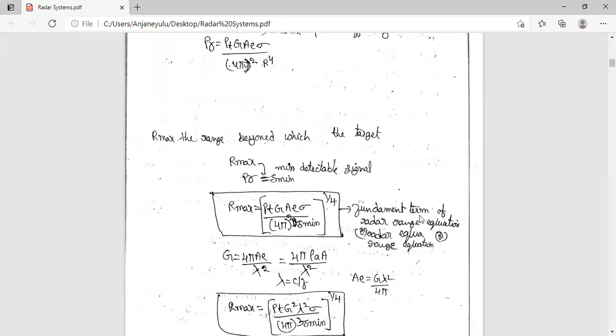So the fundamental form of the radar equation is this one. R maximum equals P_T into G into A into sigma by 4 pi whole squared into S minimum.